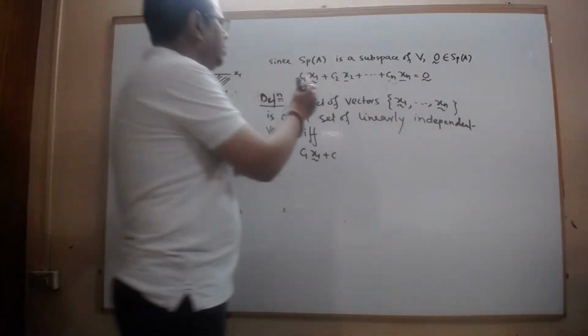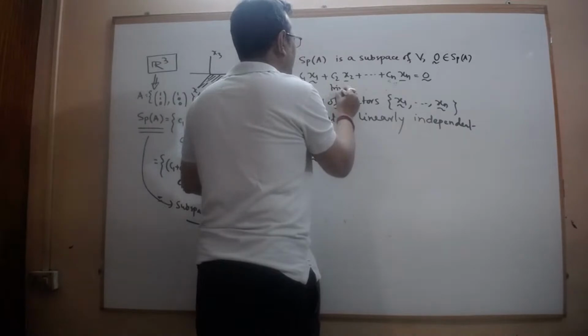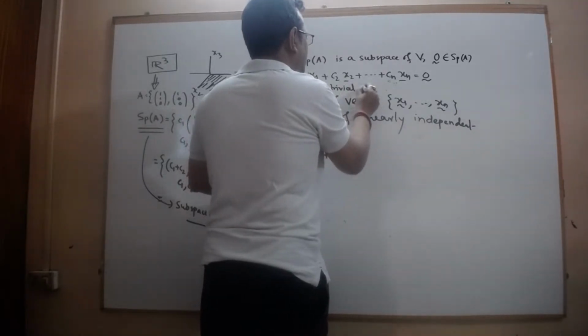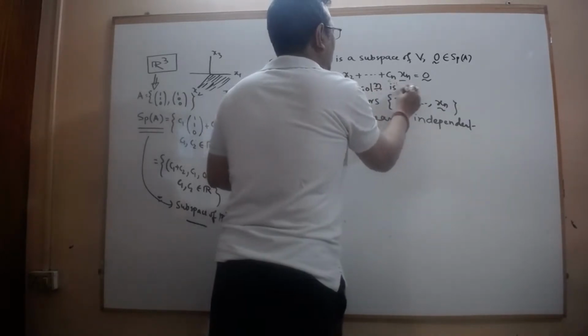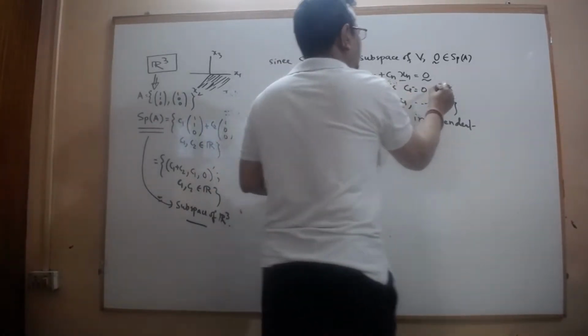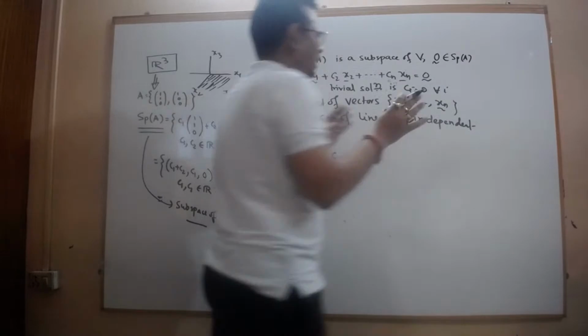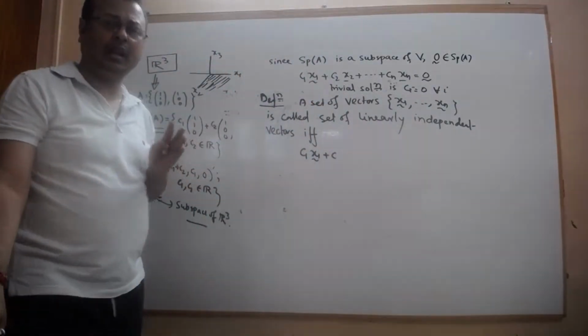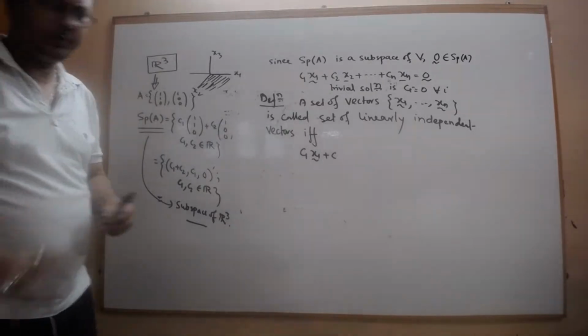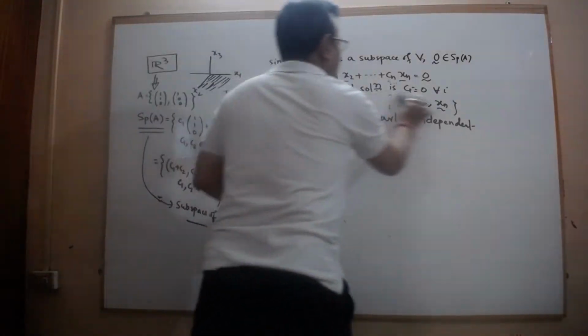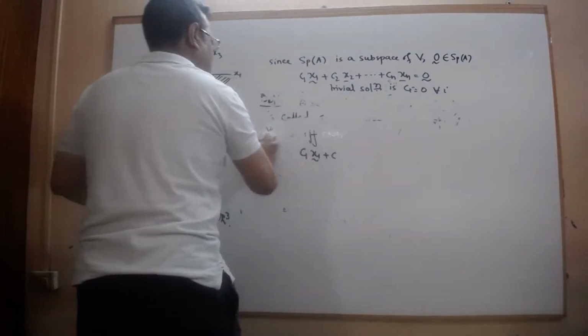And the trivial solution is all Ci equal to 0. This is a trivial solution. Now the question is, so forget about this definition first. I come to the definition later.